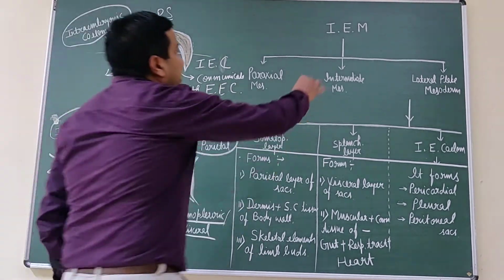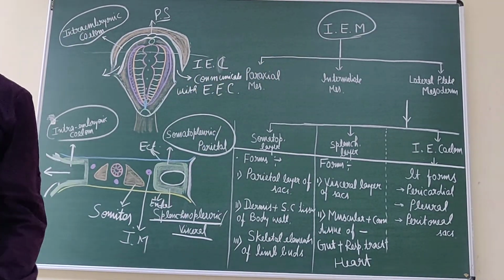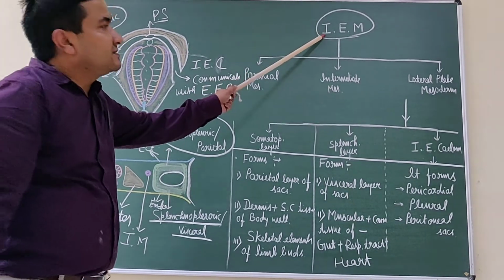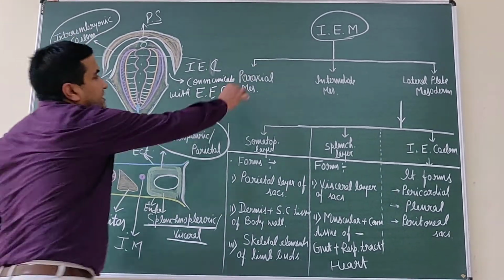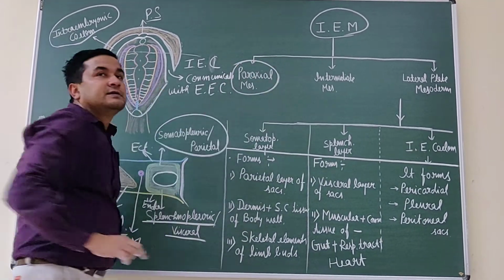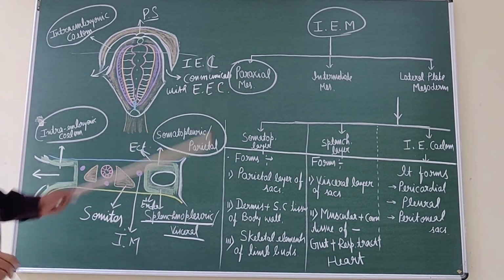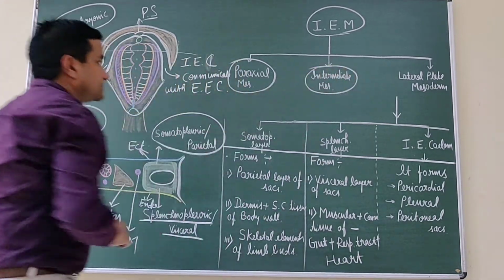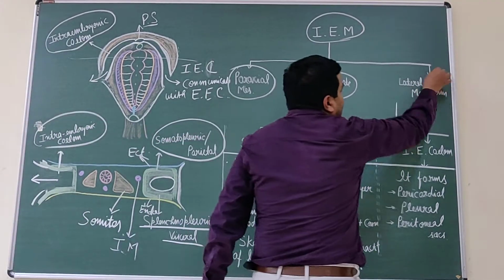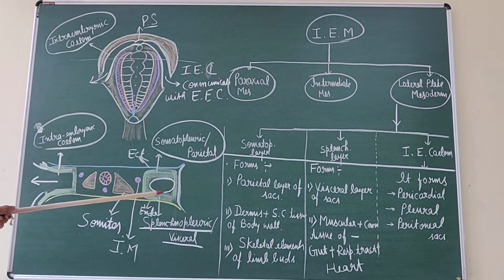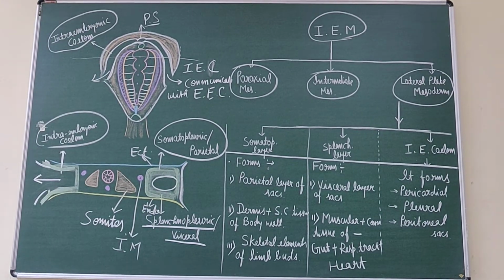Now, in brief, this intraembryonic mesoderm, after condensation and the appearance of the longitudinal groove, is divided into three parts. The paraxial is the most medial part that forms the somites. Then the intermediate is present between, and this is the lateral plate mesoderm, the lateral-most part of the intraembryonic mesoderm.